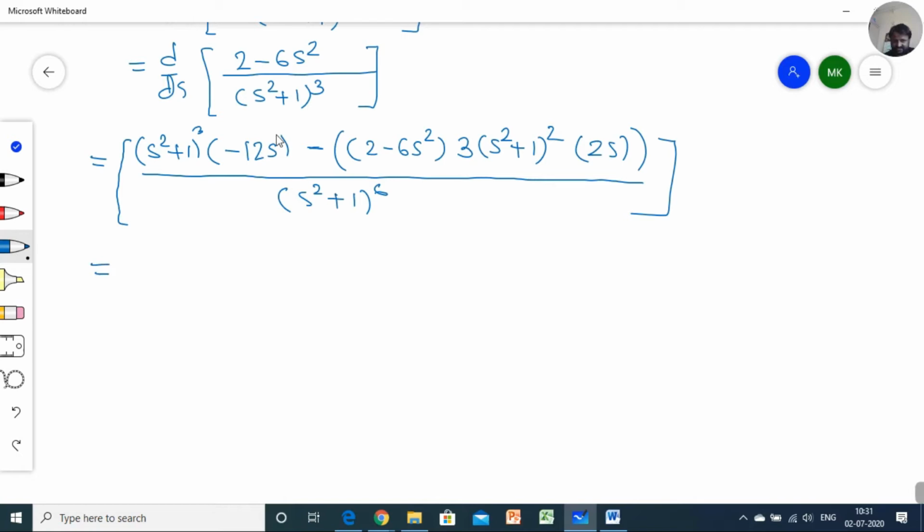Now see, very easy question. This is s square plus 1, 3 times, here s square plus 1, 2 times.